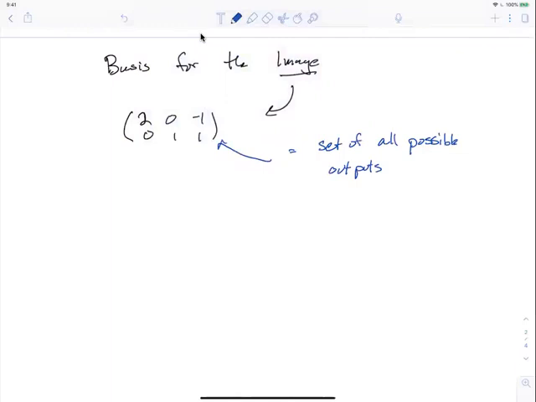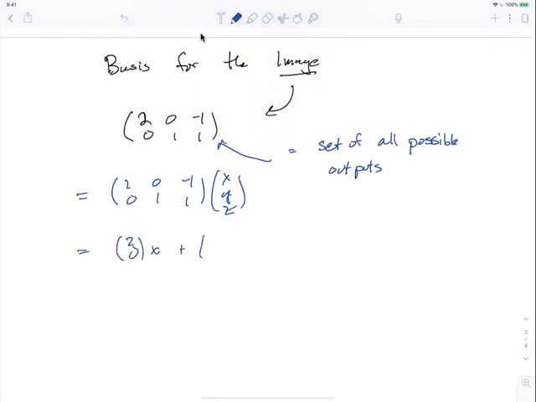So the basis is going to look like, right, when you multiply a vector, that's just going to be linear combinations of these individual vectors.